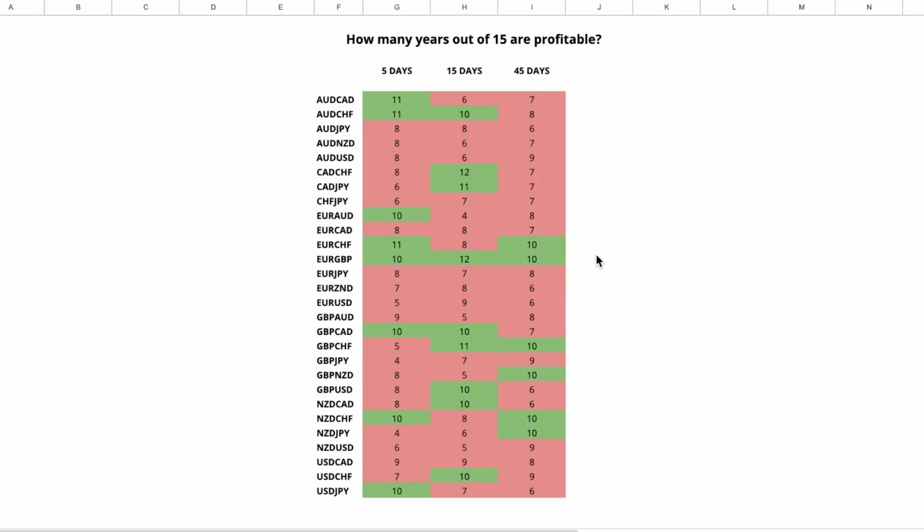There are a few others which perform on 2 of the lengths, like Australian Swiss franc here, and even on the 45 days, the 3rd test, 8 out of the 15 years, so not far off. But I think this is quite a good way of visually understanding which pairs respond well to this type of strategy. So from these results, I'm going to select euro pound moving forward, and now we're going to go over into multi-charts and dive deeper into refining this strategy.